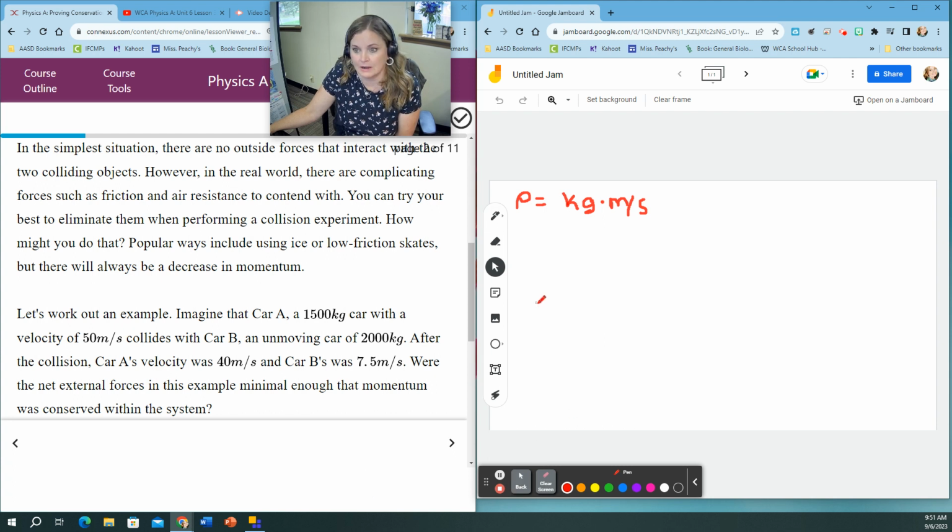So we got our first car, and I'll write the stuff with car A in blue. Car A has a mass of 1,500 kilograms. And the velocity is 50 meters per second.